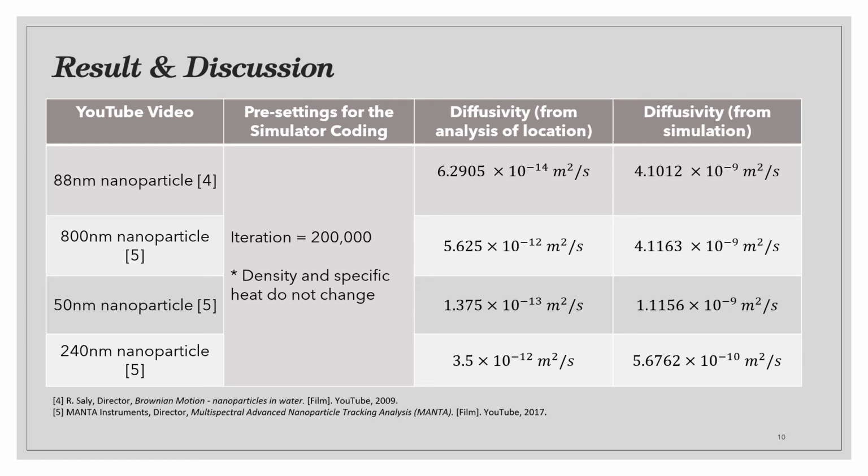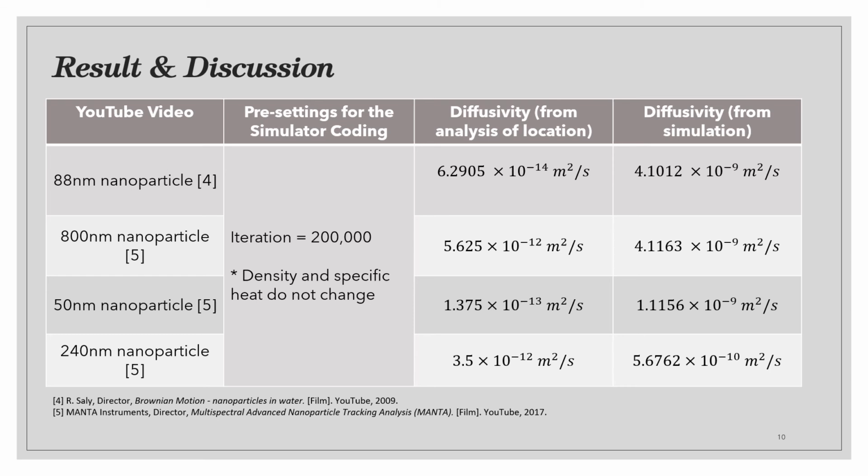Then, the presetting for the simulator is 200,000 iterations. The density and specific heat of the nanoparticles are also set at default values because only the size of the nanoparticles is mentioned in the video.